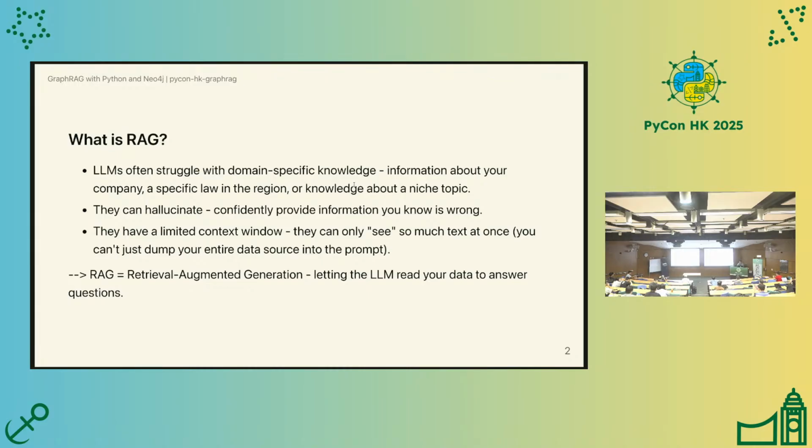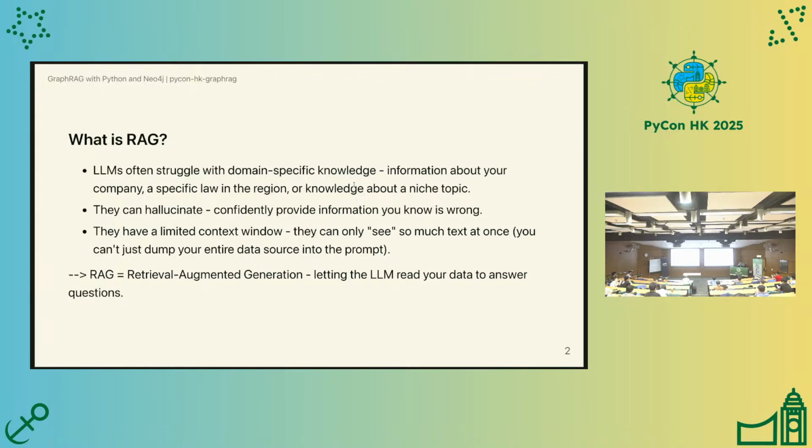But when it comes to stuff that you have owned privately, for example, if you have some notes lying around at your home, or you're working for a company and you have a lot of company documents, or specific laws, or knowledge about niche topics, large language models tend to not perform very well because they're trained to remember the breadth of data rather than going very deep into things. So that's why we would need some additional help for them to do better in these aspects.